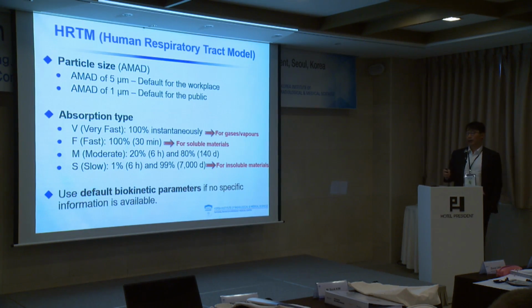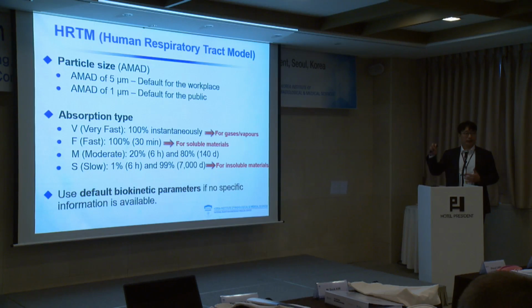And absorption type has different types: very fast, fast, moderate, and slow. Very fast means 100% of the radionuclides will transfer into the blood from the respiratory tract model instantaneously. So this type can be applied for gaseous or vapor type material. And in case of the fast type, 100% of the radionuclides will transfer into the blood with a half-time of 30 minutes.